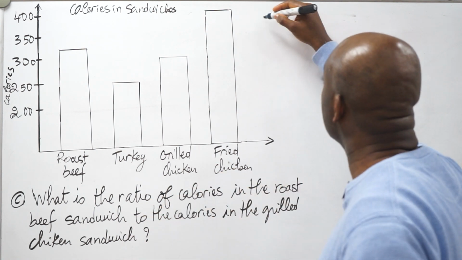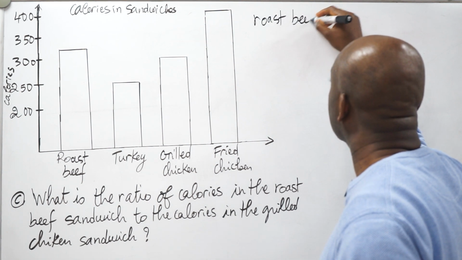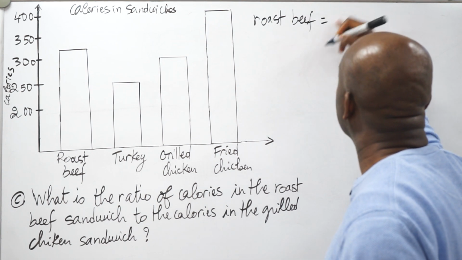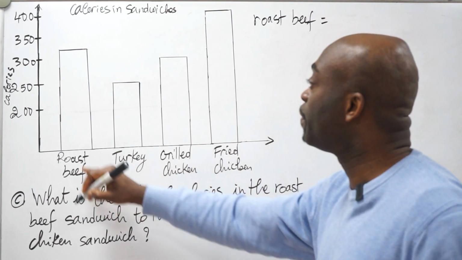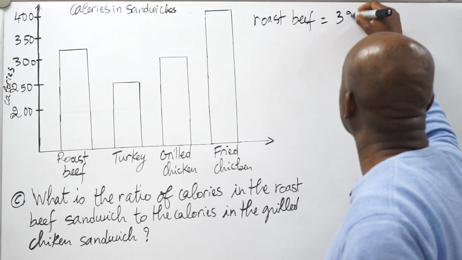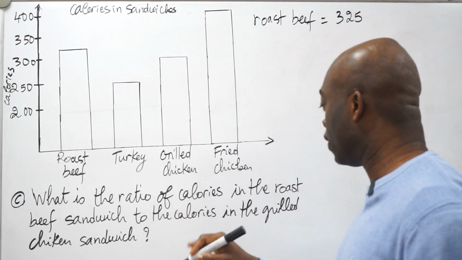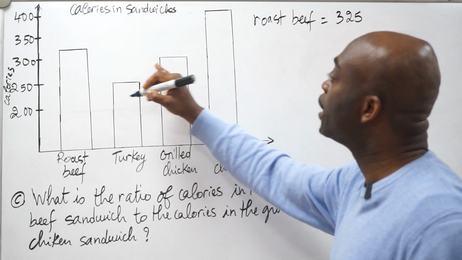So let's go for it. Roasted beef, and what is the calorie for that one? Roasted beef is 325. And how about the grilled chicken? The grilled chicken is 300.